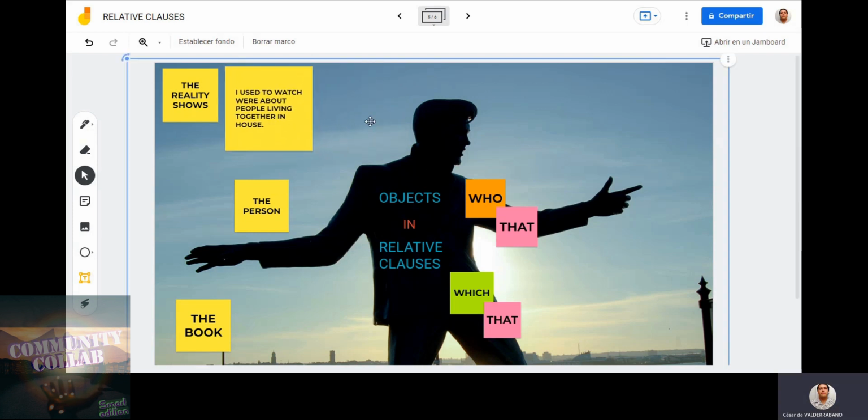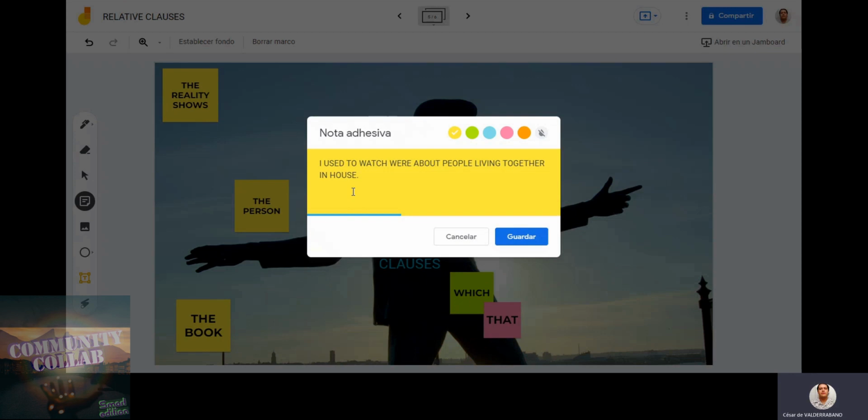This is like magic, because we can understand the sentence perfectly. So we can say: the reality shows I used to watch were about people living together in a big house.